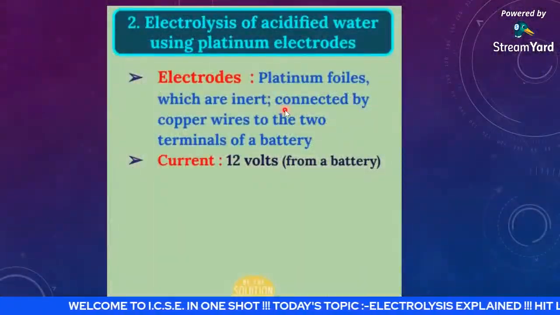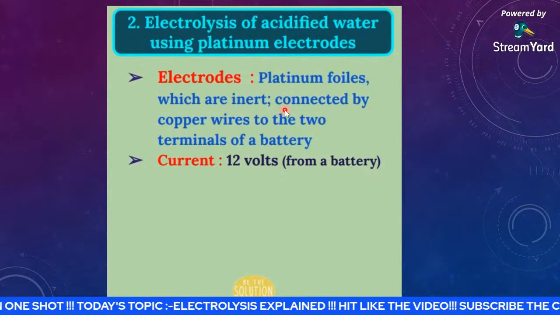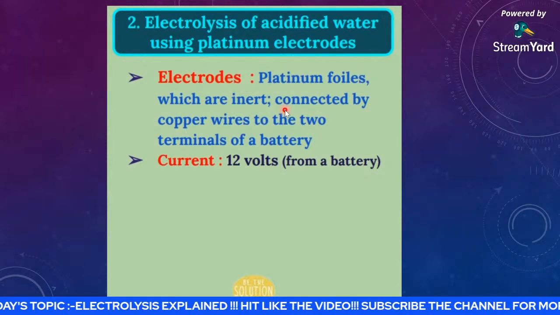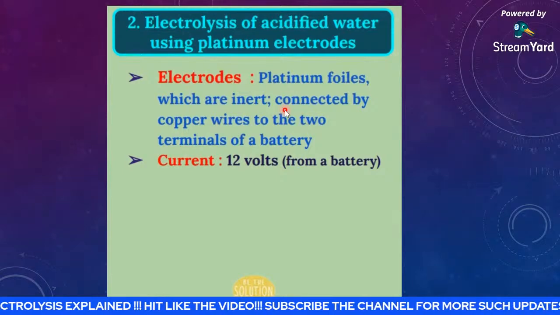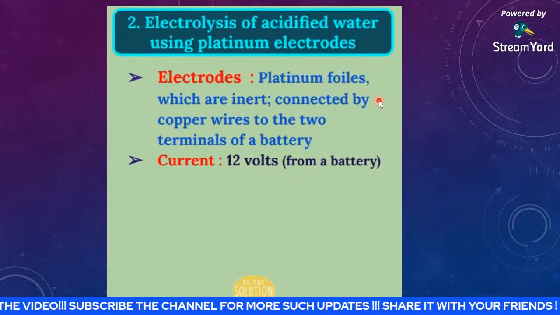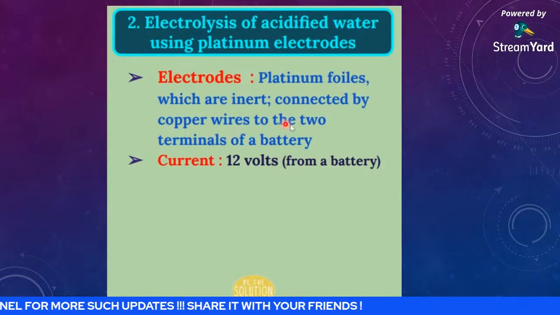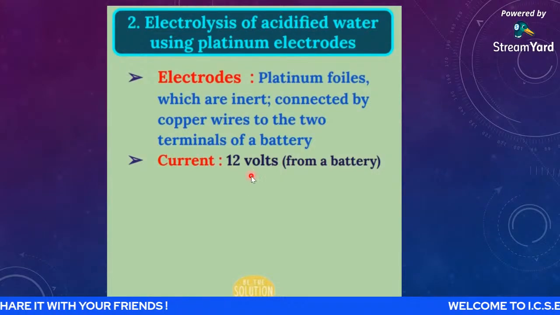Now, electrolysis of acidified water using platinum electrodes. Electrodes used here are platinum foils, which are inert in nature, and they are connected by copper wires to the terminals of the battery, and current is kept 12 volt from a battery.